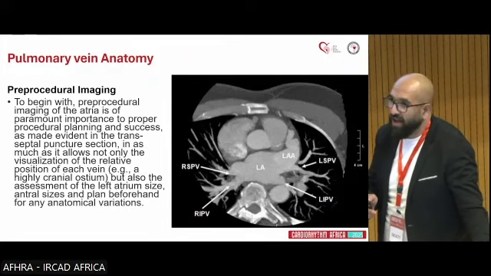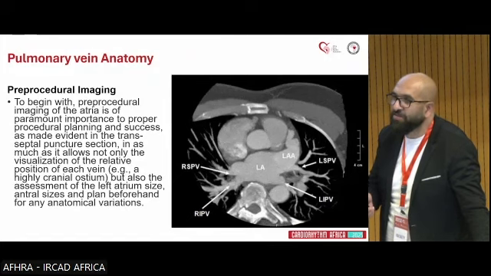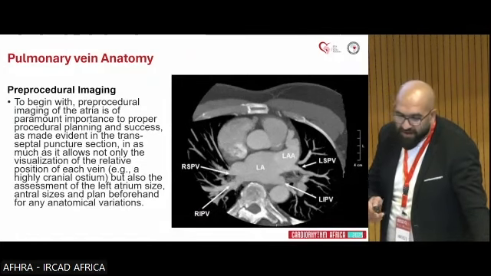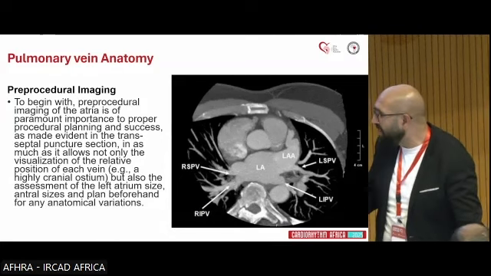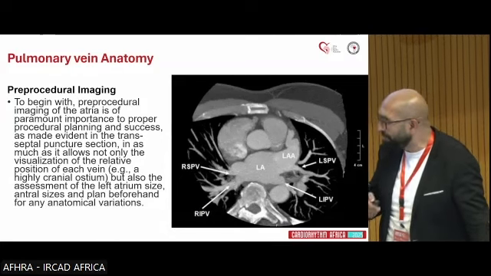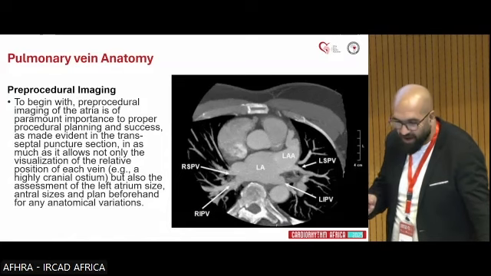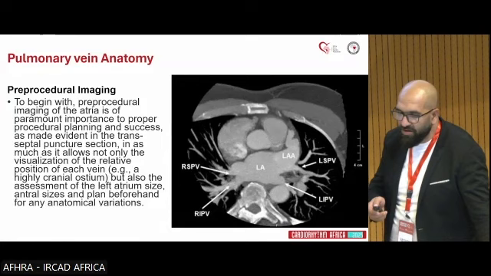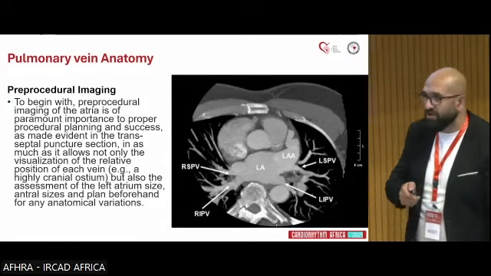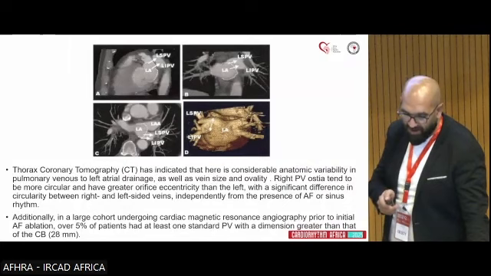Some operators don't rely on it, but it is a cornerstone that visualizes the pulmonary vein anatomy and gives us a picture of whether the patient has a common vein trunk or not. It's very important, and every patient before cryoablation should have pulmonary vein anatomy imaging.